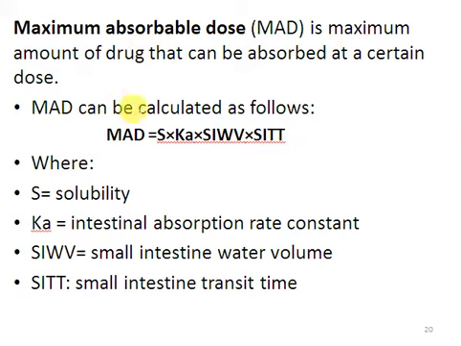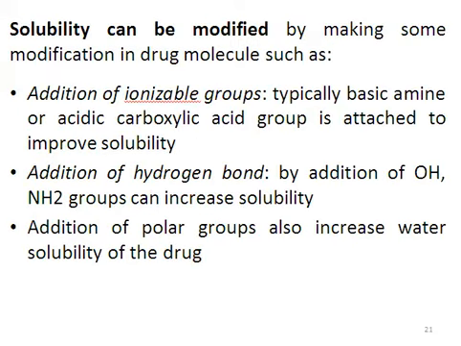It is equal to solubility multiplied by the intestinal absorption rate constant, multiplied by the water volume in the small intestine, multiplied by the transit time in the small intestine. Transit time is the time a drug takes to pass through the small intestine, right? With these factors, you can calculate the maximum dose that will actually be absorbed inside the system.